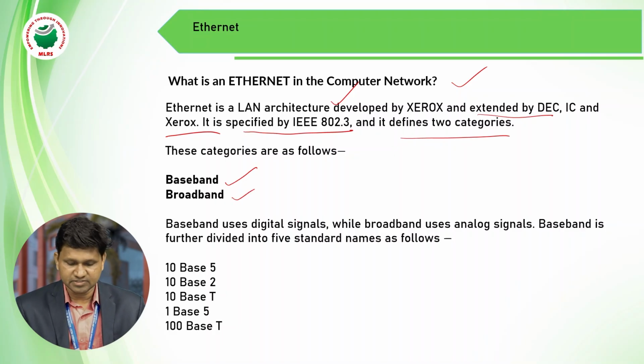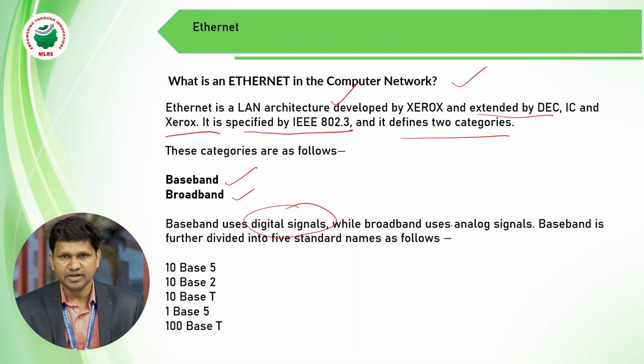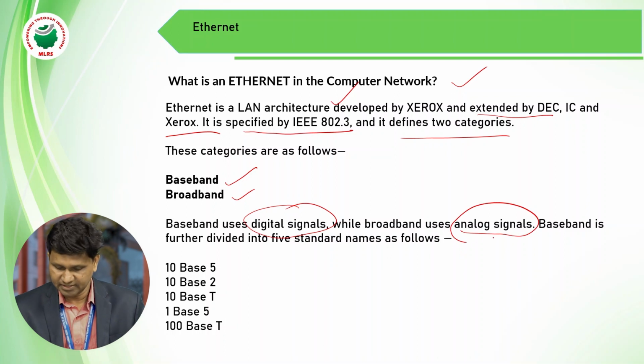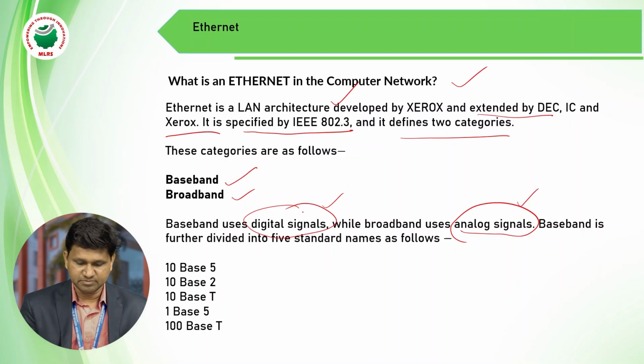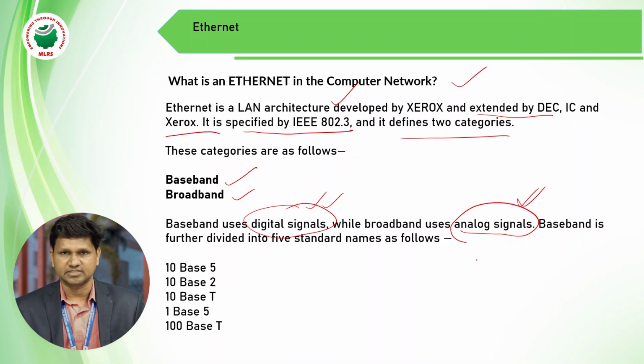Baseband uses digital signals, while broadband uses analog signals. These are the important terminology, especially in Ethernet: digital signals and analog signals.